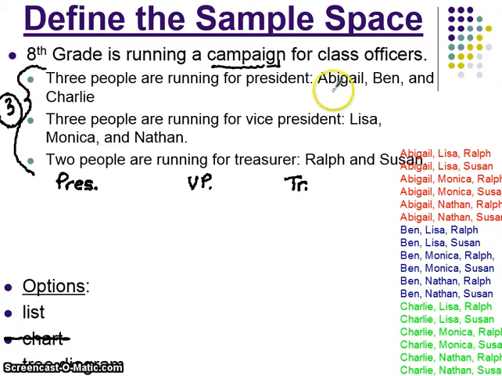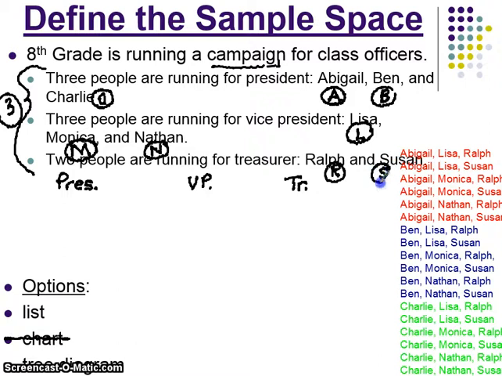Now, for time's sake, I'm going to abbreviate each person's name. I'm going to use an A for Abigail, a B for Ben, a C for Charlie, an L for Lisa, an M for Monica, an N for Nathan, an R for Ralph, and an S for Susan.